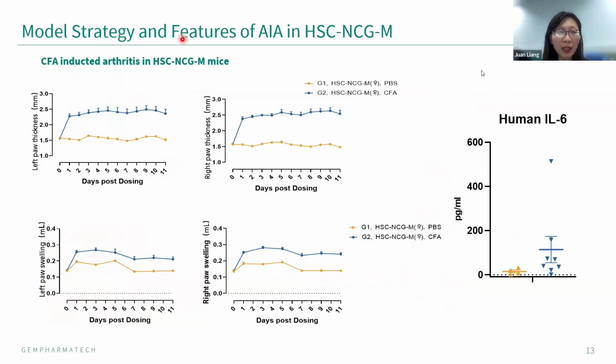When we look at the details of the arthritis score, we could observe increased thickness of the paw and also increased swelling of the paw. We also found increased secretion of IL-6 in the modeling group, which indicates that macrophages have been activated in our arthritis model.